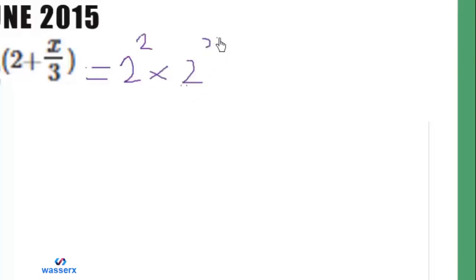So we are applying the laws of indices. This is the same as 4, then we have 2 to the power x times 1 over 3.